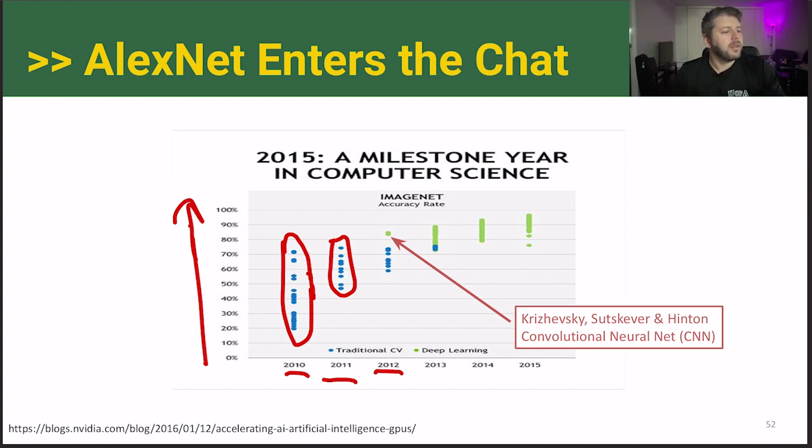And then in 2012 is when the AlexNet model was created, by Alex Krizhevsky, Ilya Sutskever and Geoff Hinton. What we see here is that people were using the traditional computer vision models in 2012, but then we see the arrival of the first CNN when it was submitted to this task, and it beats the performance of all of the other models.